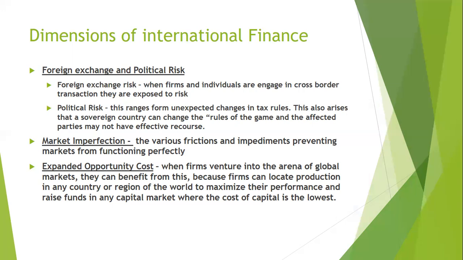And then market imperfection. These are the various frictions and impediments preventing markets from functioning perfectly. There is no perfect market. Why? Because the market is affected by various entities or forces that make it imperfect: the government policies and regulation, the pandemic as of the moment, which affects the market and how it works, the labor force, technology, capital, among others.